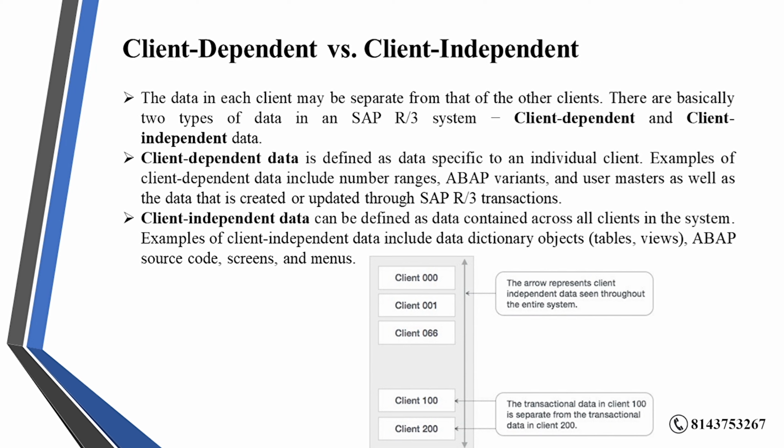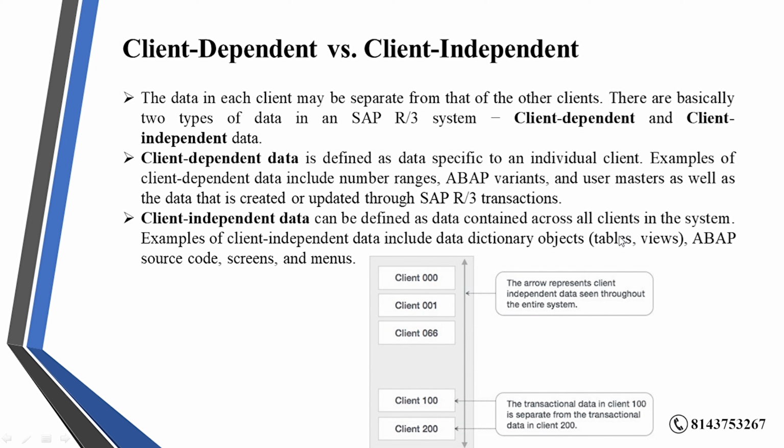So it basically tells that it is dependent on the client system. Some examples we have given here: number ranges, ABAP variants, user master data, and SAP R3 transactions. We initially told that whatever objects in SAP we deal with are called transaction codes.